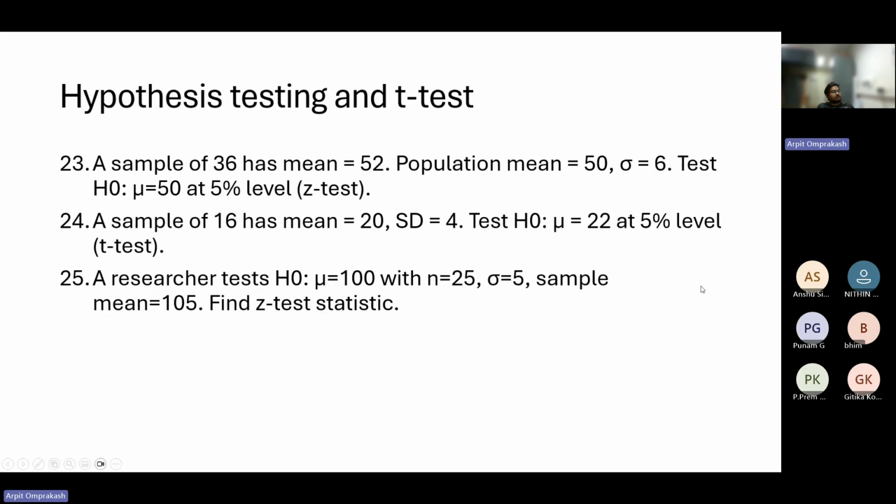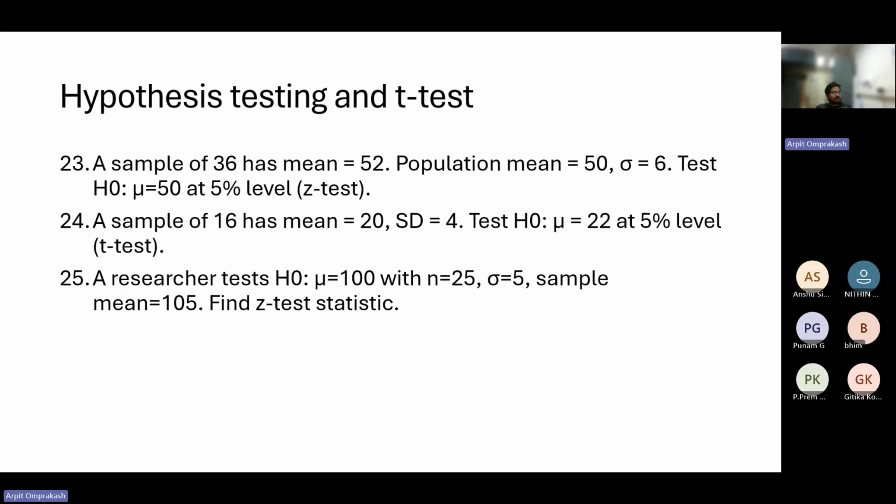Next set of questions is on hypothesis testing and t-test. They're very simple.